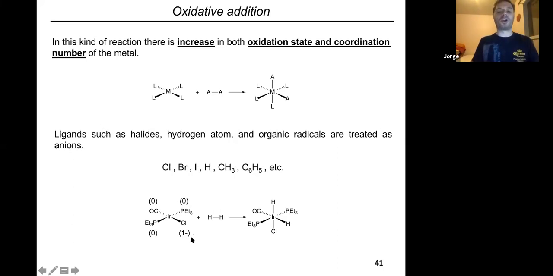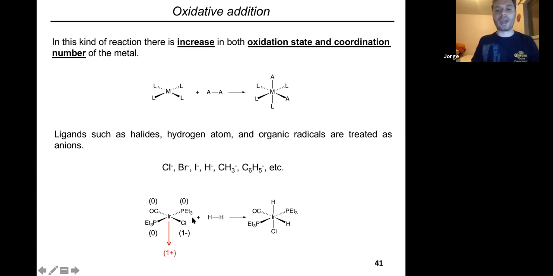The global charge of the complex is 0, so that means iridium is 1 plus. Okay, the oxidation state for iridium in the starting complex is 1 plus.